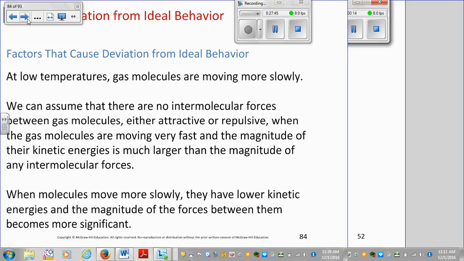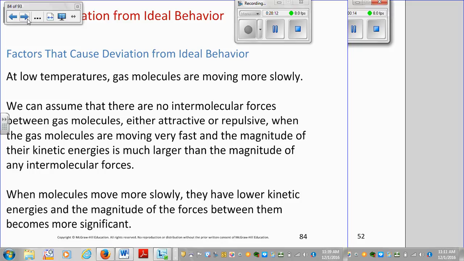So at low temperatures, gas molecules are moving more slowly. We said before there weren't any interactions between gas molecules because A, you were far apart, think of you all spread over Smithfield, and B, you're moving rapidly, so you're all in your cars going 70 miles an hour. You don't have time to interact with each other.